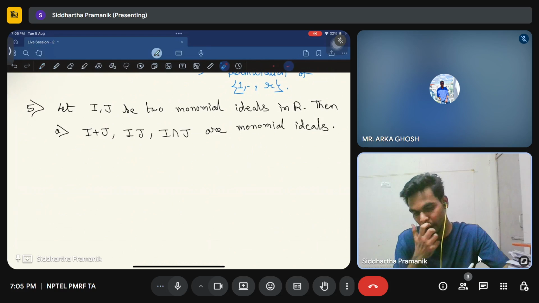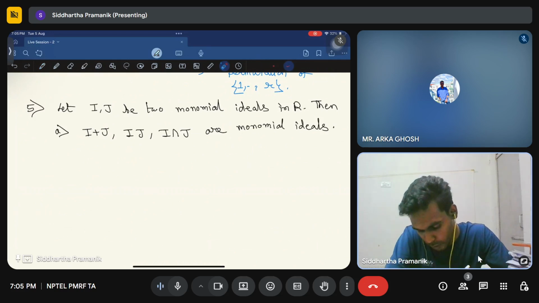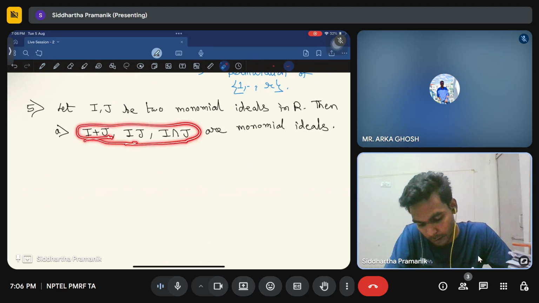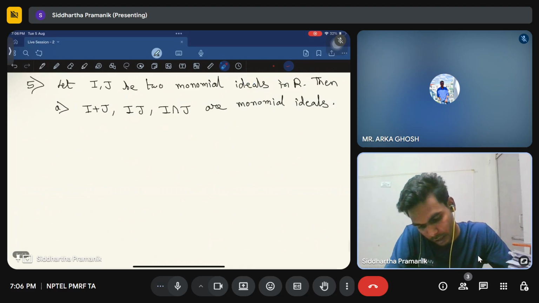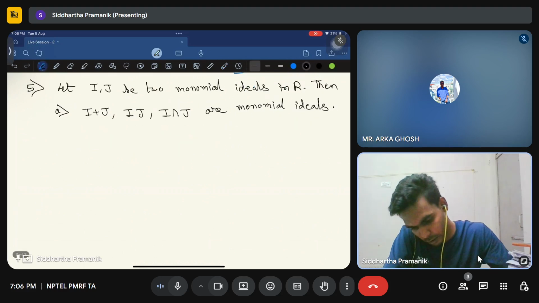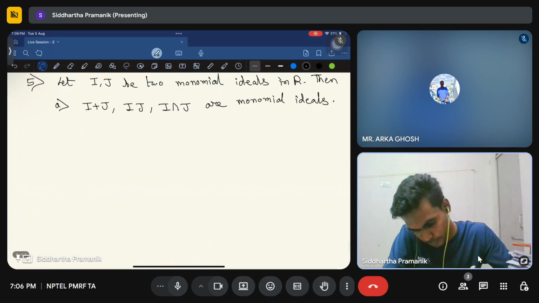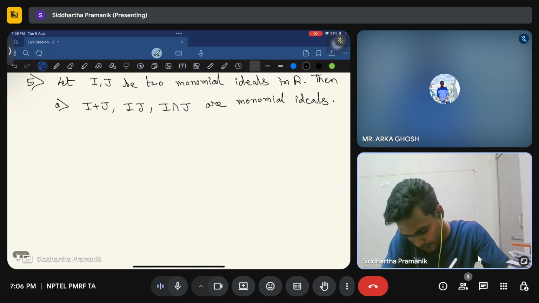And we can even find the unique minimal monomial generating set for these ideals in terms of the unique minimal monomial generating sets of I and J. That you can try to prove. The other operations are, you can take the radical of I, and also you can take the colon of two ideals.